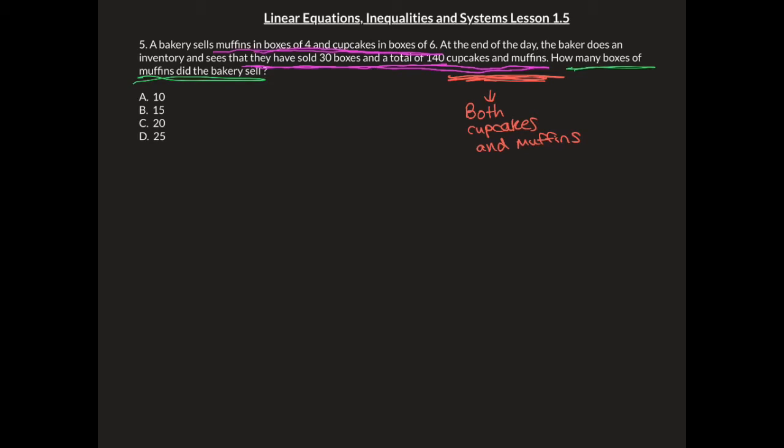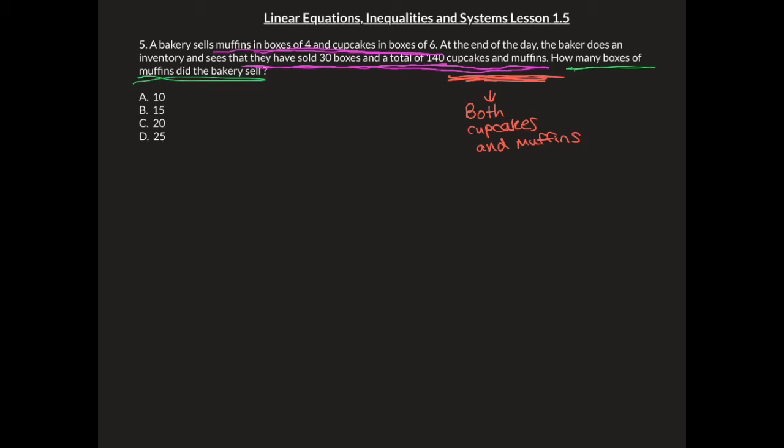So the first thing, even if you don't know that you're going to set up a system of equations, the first thing you want to do is give a variable for each number. In this case, muffins and cupcakes, you're going to give two separate variables.